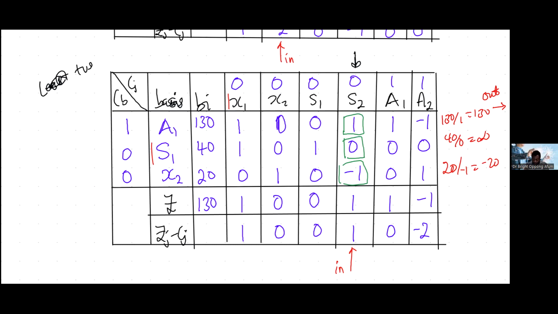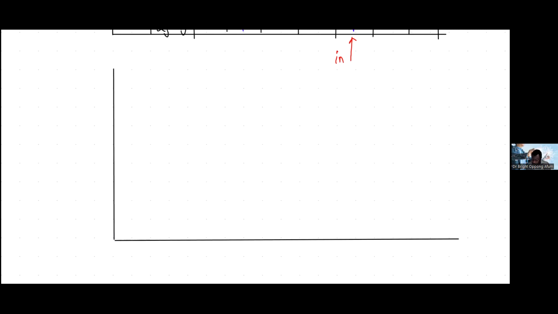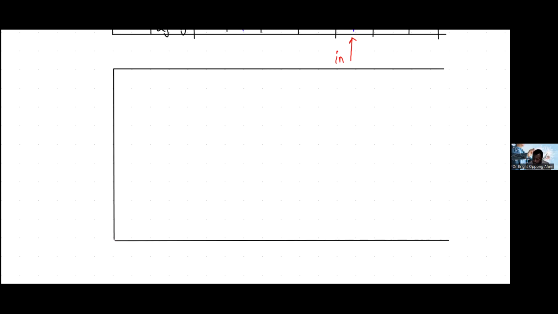So we have to now create the next tableau, which is the next iteration. So we have our tableau.